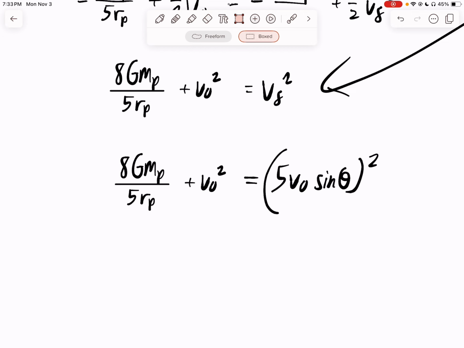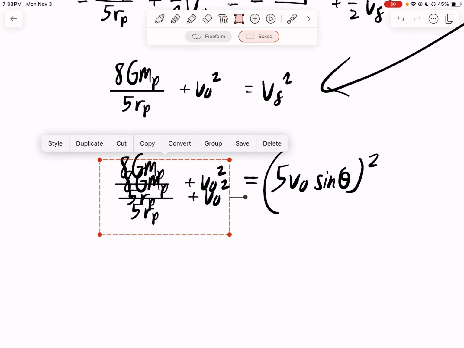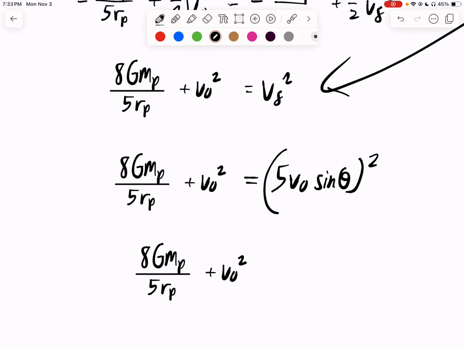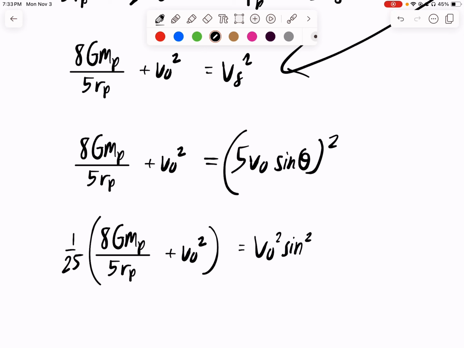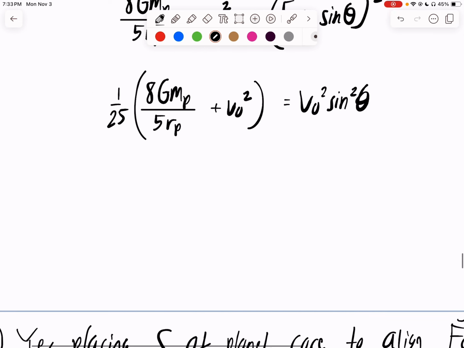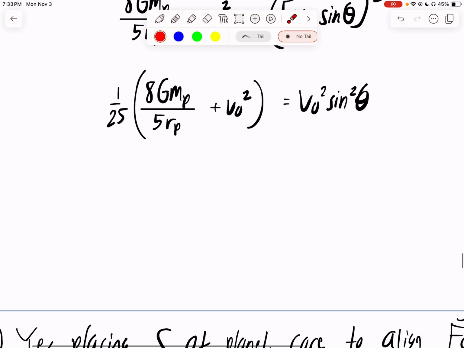More algebra. I love algebra. This factor of 25 comes from squaring this and dividing both sides. And that's equal to v naught squared sine squared theta. We can knock this out by dividing these terms.